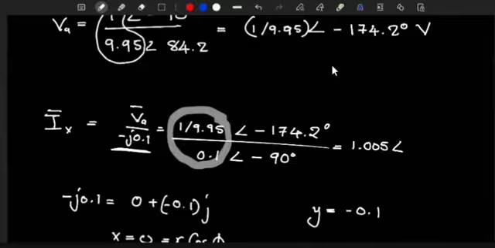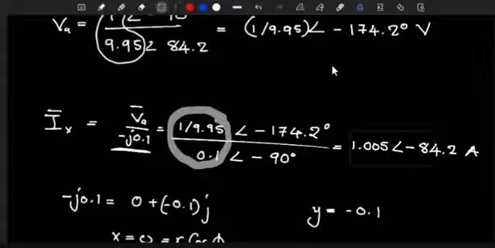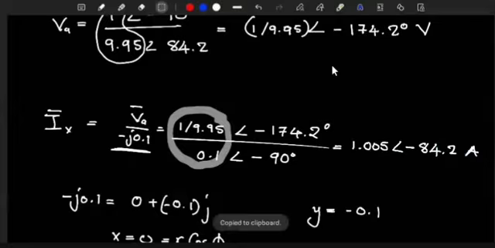The angle we have minus 174.2. Then minus negative 90, so it will be plus 90. We get minus 84.2 amps. So this becomes our current Ix.